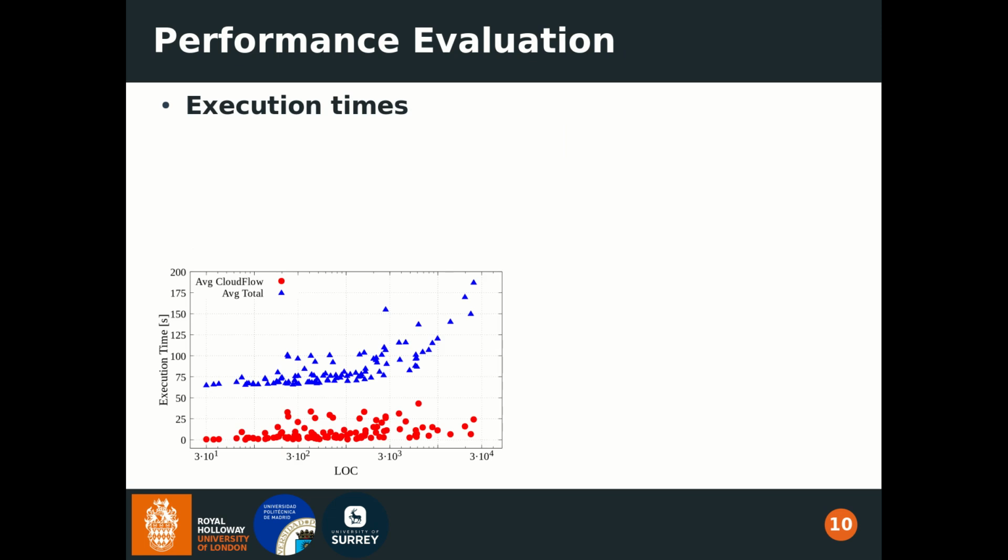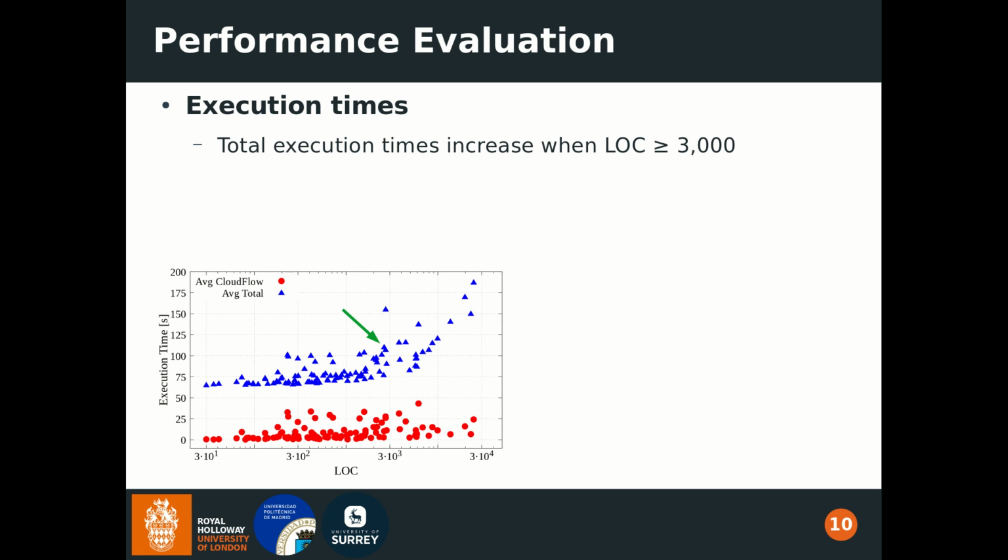As a part of our evaluation, we also measured the execution times. The diagram on the slide shows both the total and the CloudFlow specific execution times as a function of the number of lines of code in the repository. The total execution times start increasing when the number of lines of code reaches the approximate value of 3000.